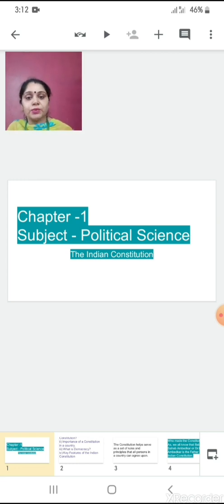Before starting with the details and the description of the chapter, I would like to tell you that as I have discussed the syllabus of each and every subject, in political science as well I would like to discuss the syllabus of civics or political science according to the NCERT textbook.